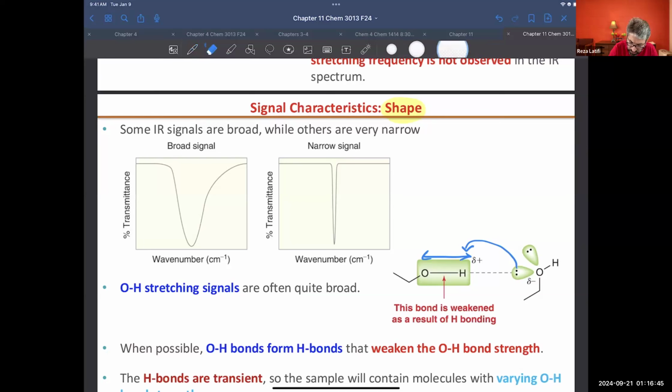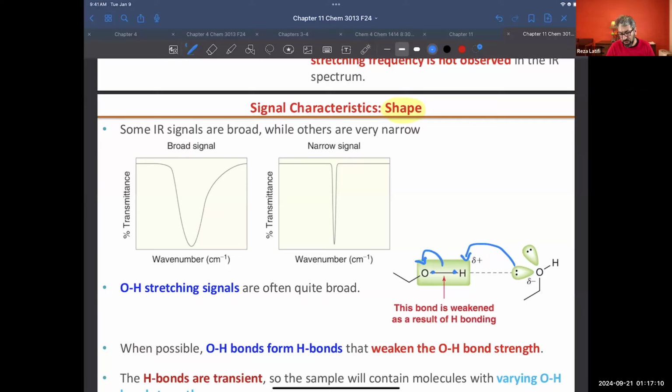So let's rewrite. The lone pair on oxygen is going to donate 2 electrons into the sigma star orbital of hydrogen. And hydrogen is going to give off those 2 electrons to oxygen.